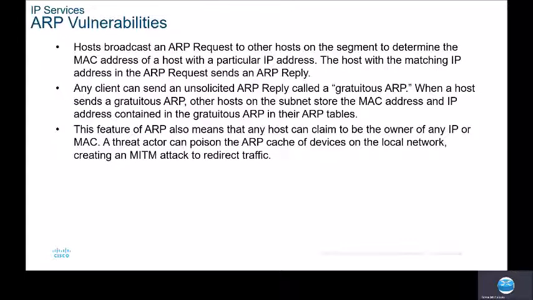When a host sends a gratuitous ARP, other hosts on the subnet store the MAC address and IP address contained in that packet in their ARP tables. This feature of ARP also means that any host can claim to be the owner of any IP or MAC address. A threat actor can poison the ARP cache of devices on the local network, creating a man-in-the-middle attack to redirect traffic.